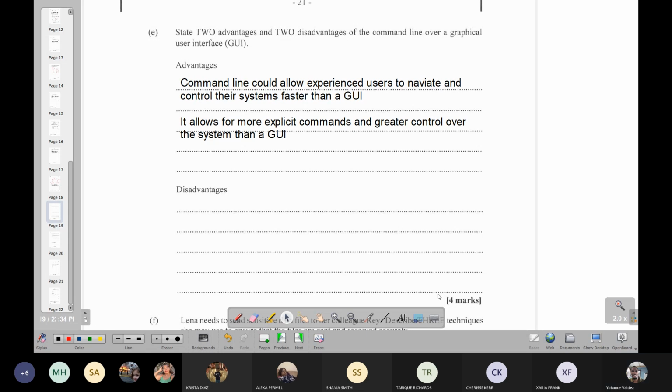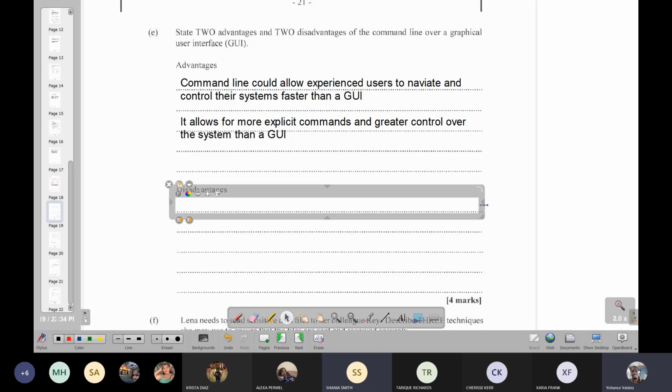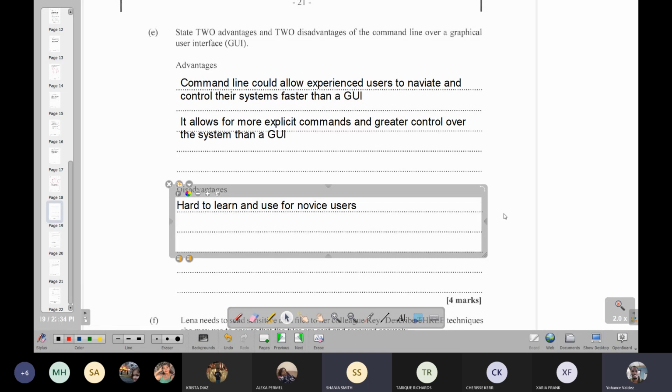All right, so what is the disadvantage of the command line? Shania, you could give me that one though. So it is not good for inexperienced users, well, novices. Right, so it's hard to learn and use commands for novice users.